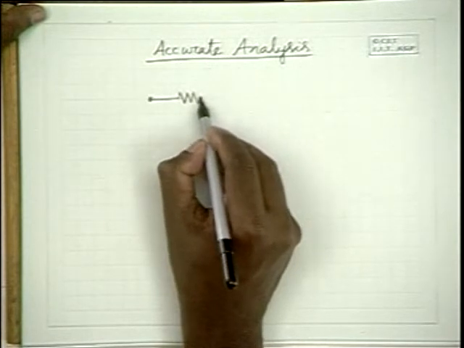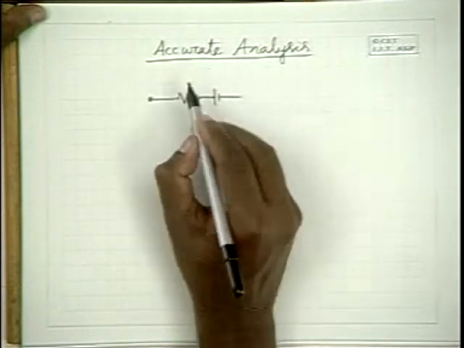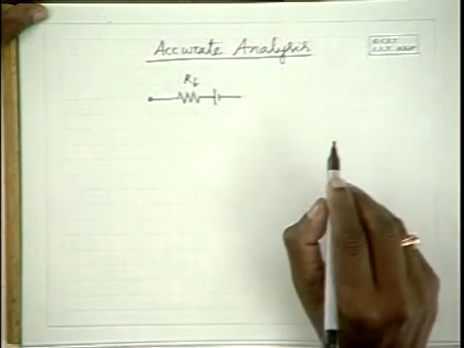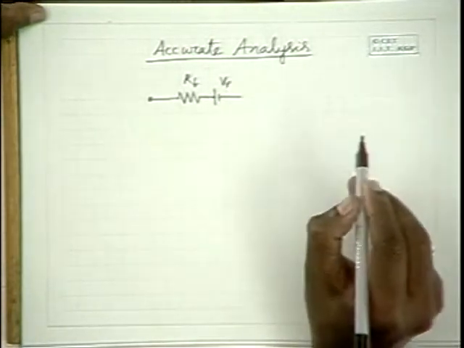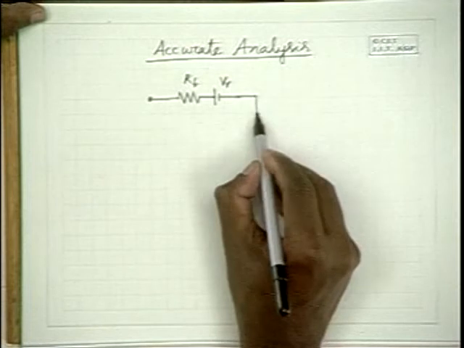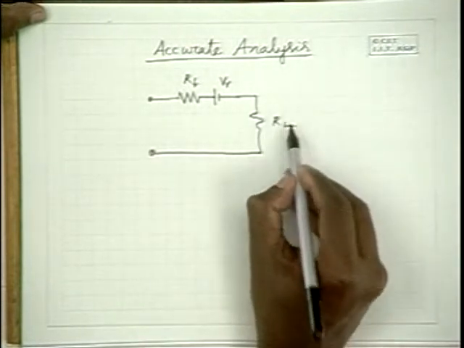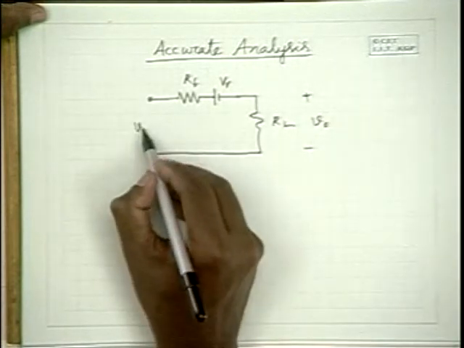During the positive half cycle, the diode can be replaced by its equivalent circuit with its forward resistance RF and the V gamma here, and RL, the load resistance, connected like this. So this is the output voltage, this is the input voltage.